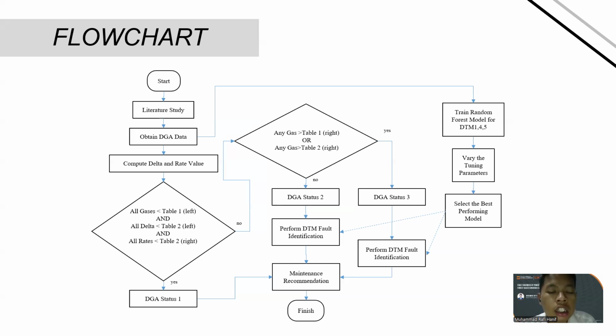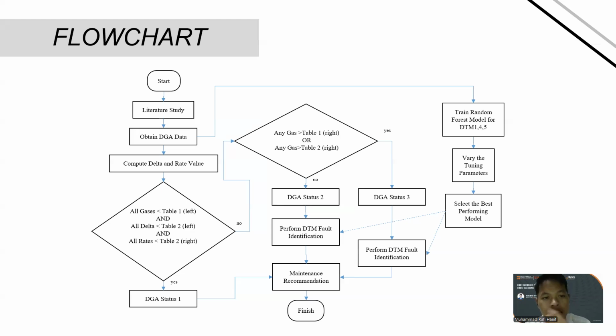And then for the random forest that we use in this research, we need to train the random forest model for DTM number 1, 4, and 5, and then vary the tuning parameters on DTM, and then select the best performing model.